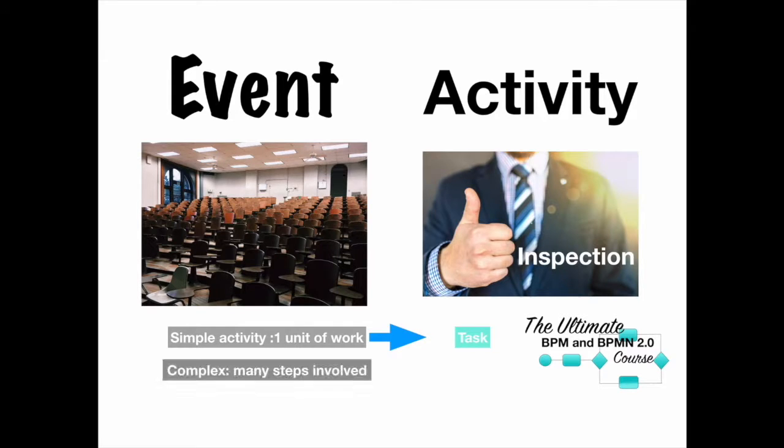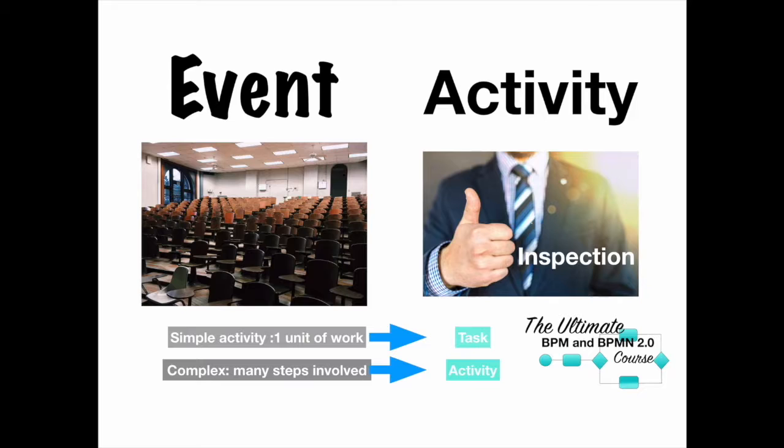If, on the other hand, the equipment inspection requires many steps, such as checking the numbers, are the chairs comfortable, are all the tables and chairs stable, are there any evident flaws, etc., these are all called activities.